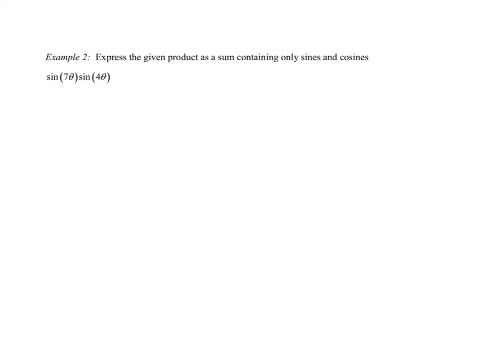All right, on example 2, I noticed that I have the product of two sine functions. And so I'm going to use the first formula from the list for the product to sum formulas, which says that this is going to equal 1/2 cosine of the first minus the second, so 7 theta minus 4 theta, and then minus cosine of 7 theta plus 4 theta.